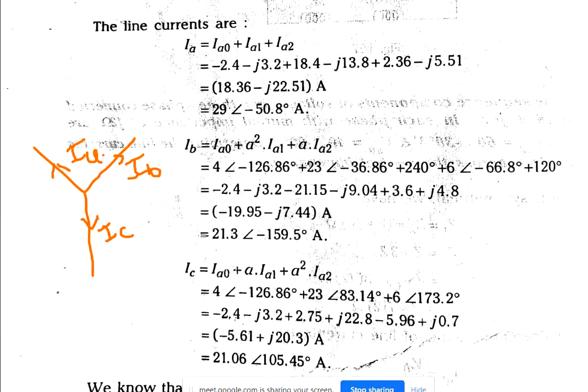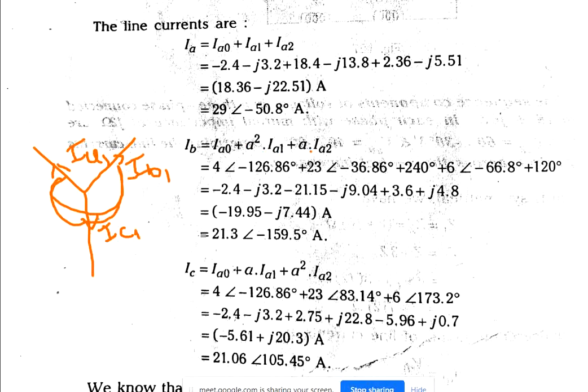Let us say this is IA1, IB1, IC1. How will you write IB1? IB1 equals A square into IA1, because it is rotating in the anti-clockwise direction. From one to the next it is 120, and again 120. So A square into IA1.